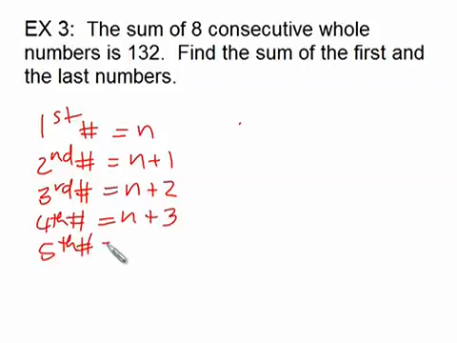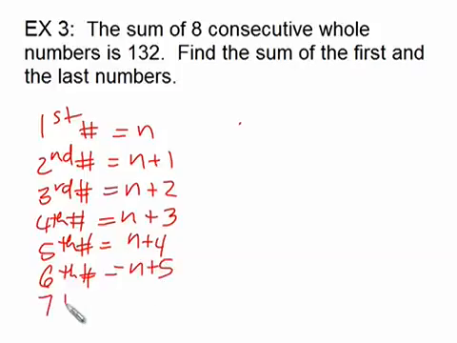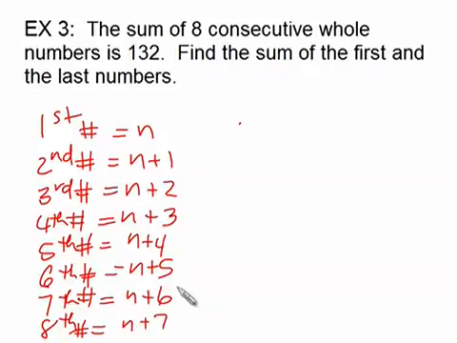Our fifth number will be n plus 4. Our sixth number will be n plus 5. Our seventh number will be n plus 6. And our eighth number will be n plus 7. So we have all of our unknowns.